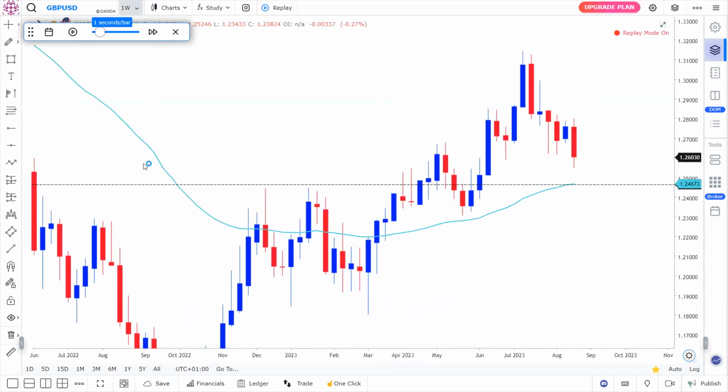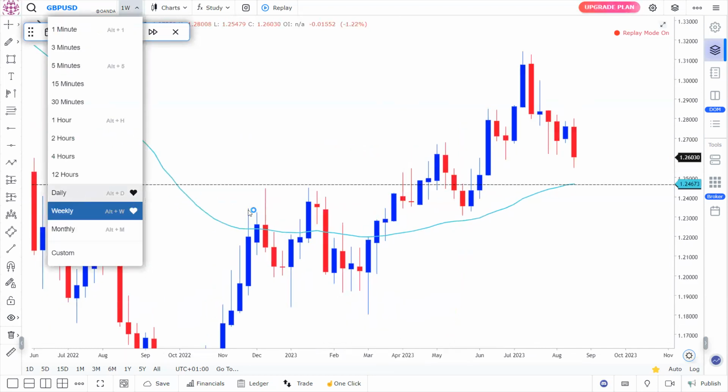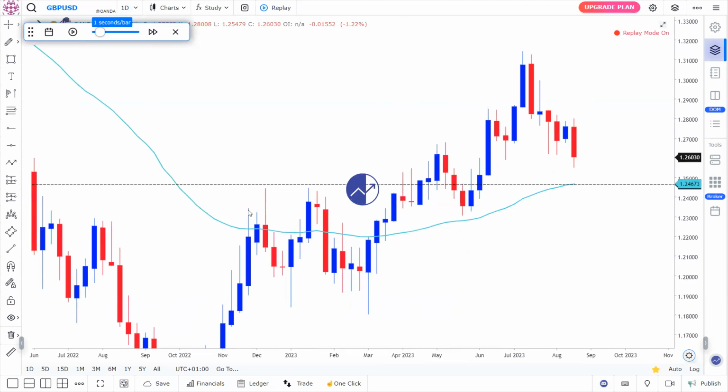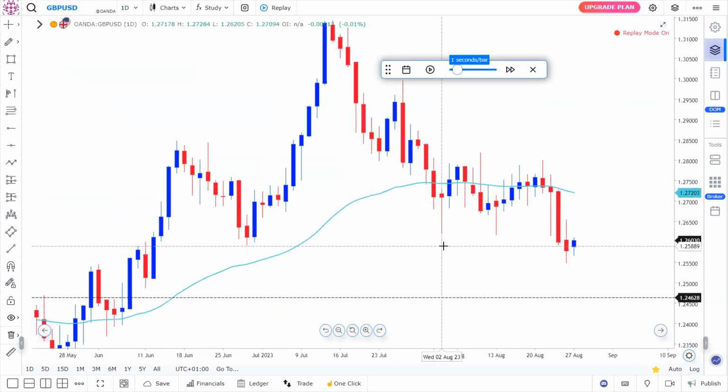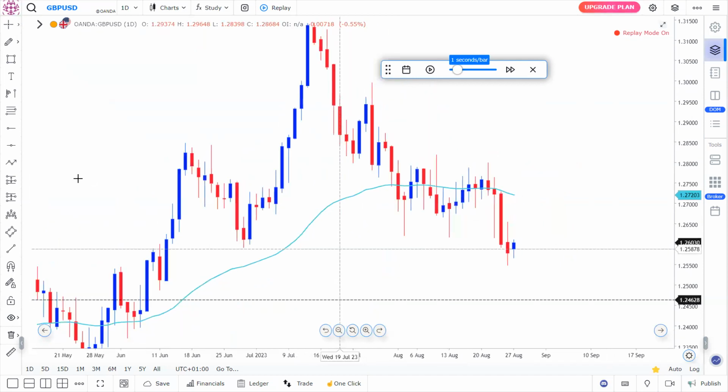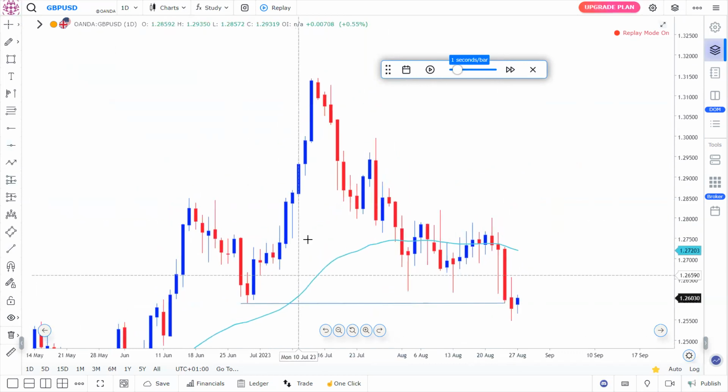And then looking at the daily time frame, I'd also noticed from the daily time frame we're at this level right here, being the swing low, being the higher low that led to this higher high from the daily time frame perspective.